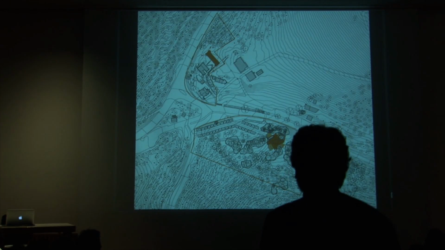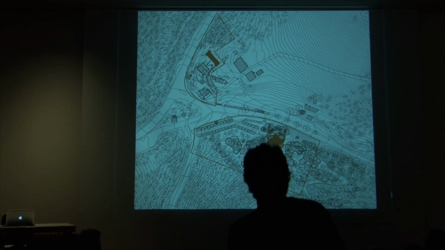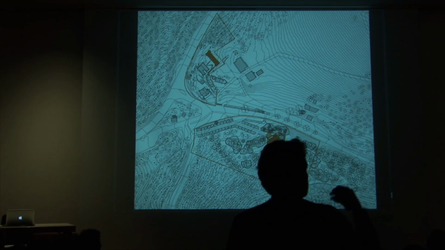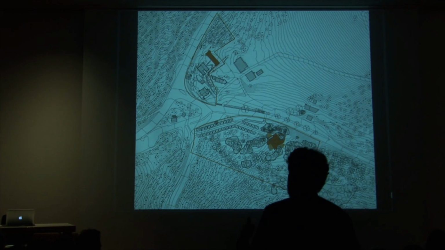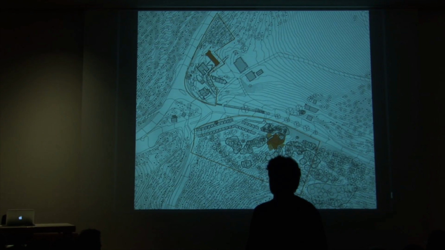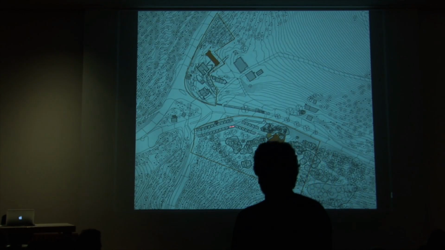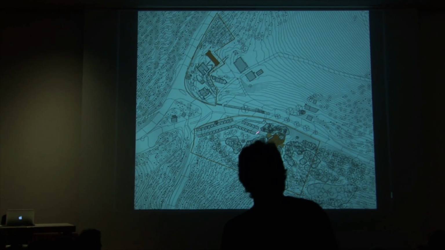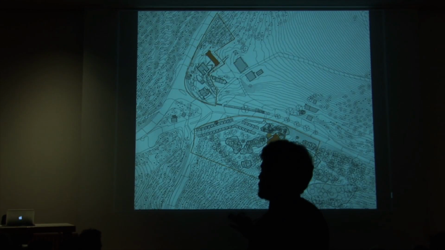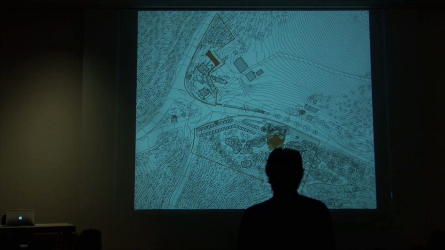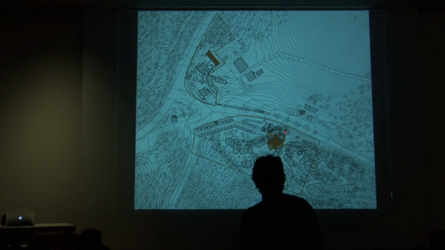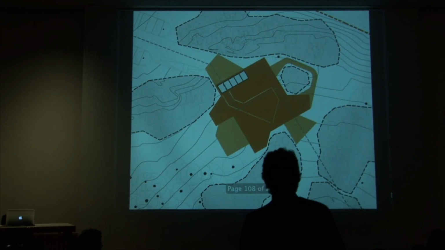So we thought it was quite interesting that the main part of the building would be included in the forest, so the visitors could experience the density of that forest. So we would place the parking in an open area without destroying any tree, and then we would try to put the building as much as possible inside the forest.